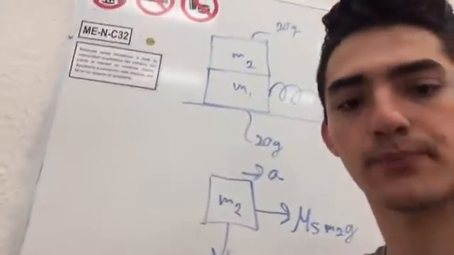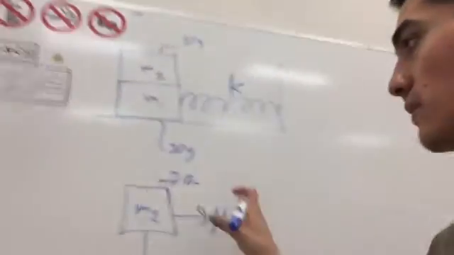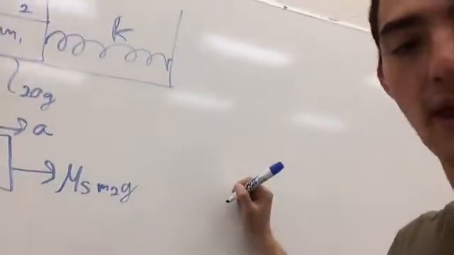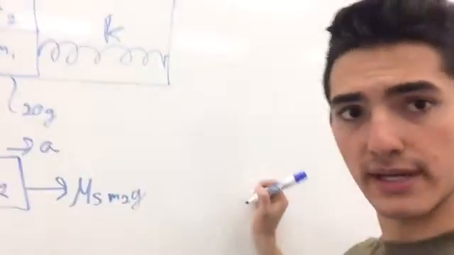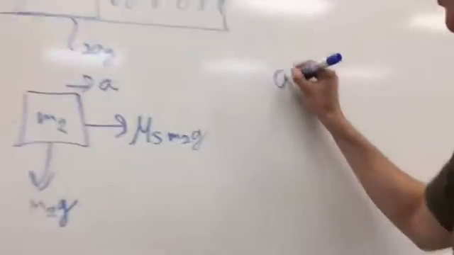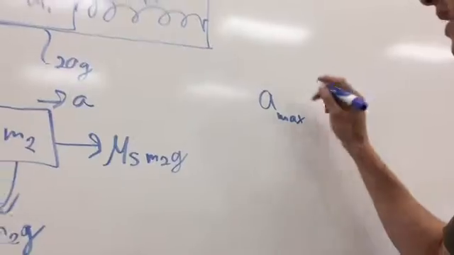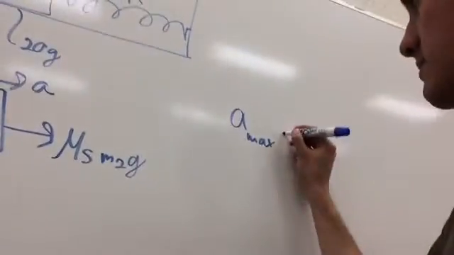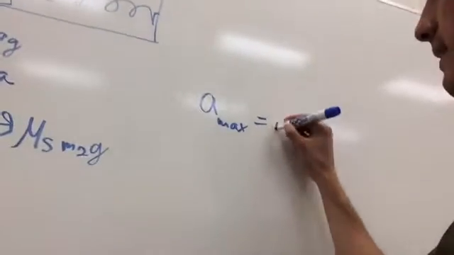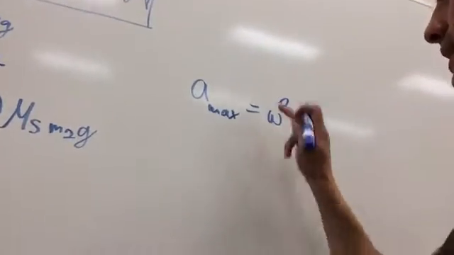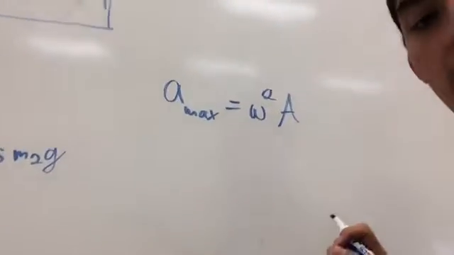Once we know our diagram, we can see that for calculating the amplitude, we need the angular velocity, which is obtained from the acceleration. The maximum acceleration will be equal to omega squared times the amplitude.